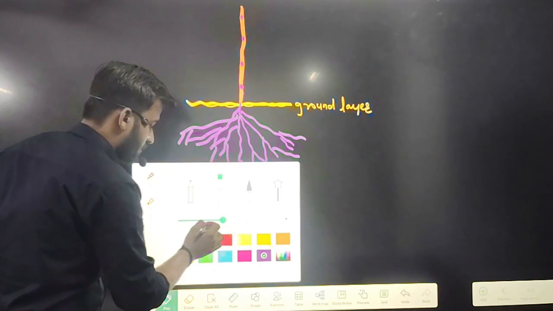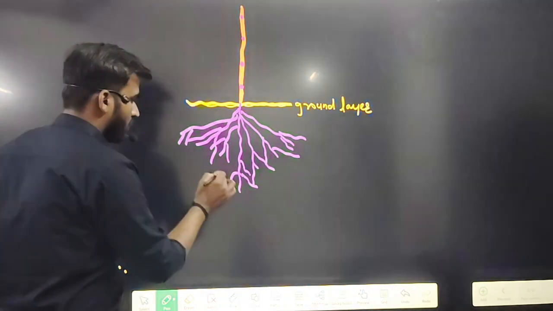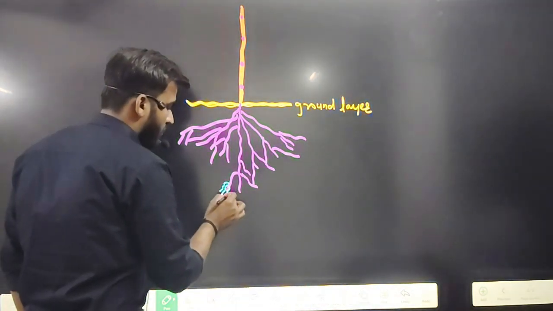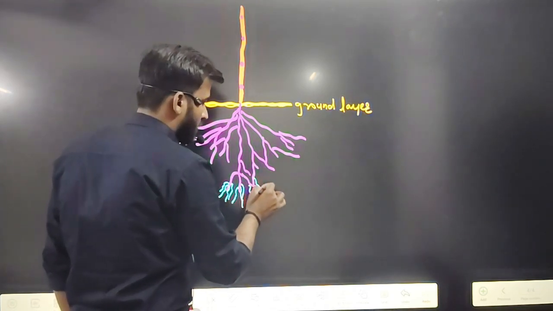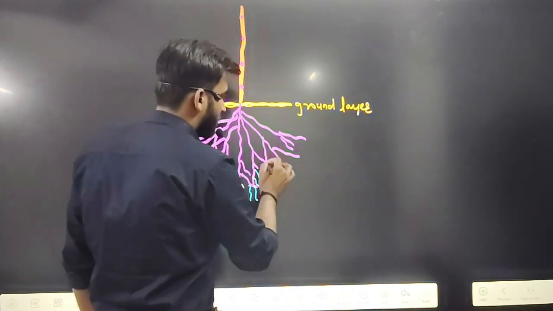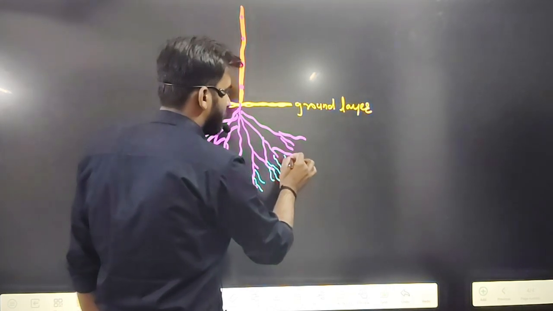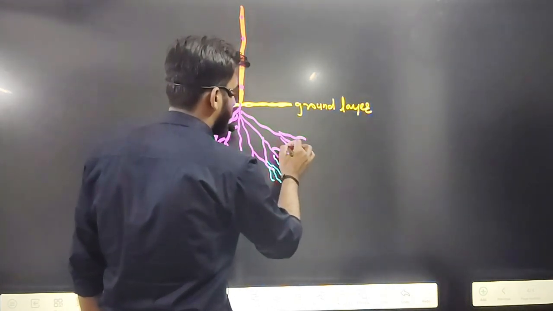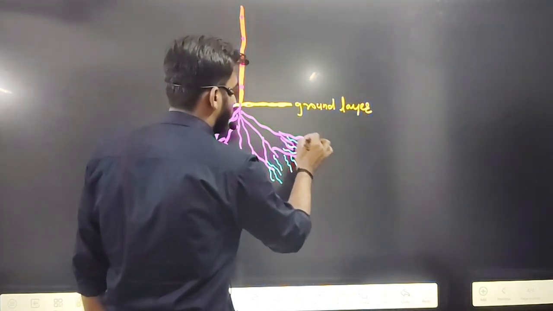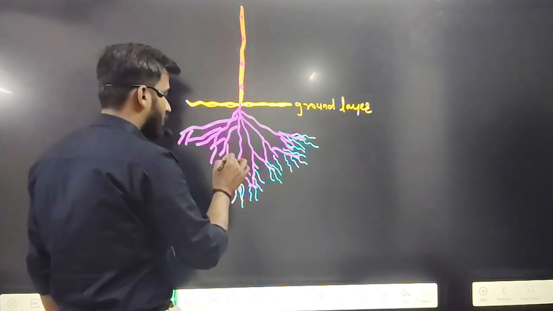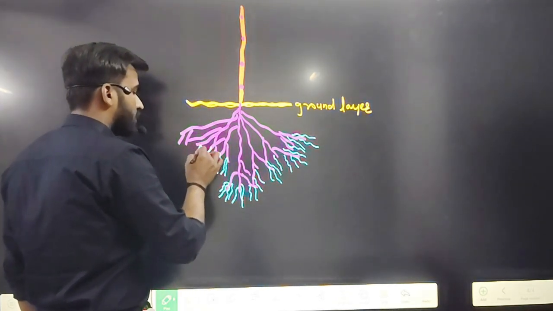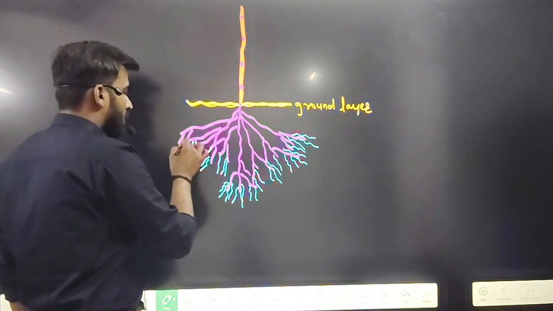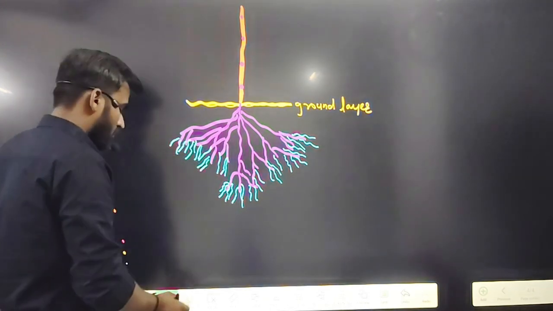In which types? First of all, they have the primary roots, then secondary roots. They have some hair-like roots, and these hair-like roots carry out the most important function in the root system. Dear student, these hair-like roots are called tertiary types of roots.